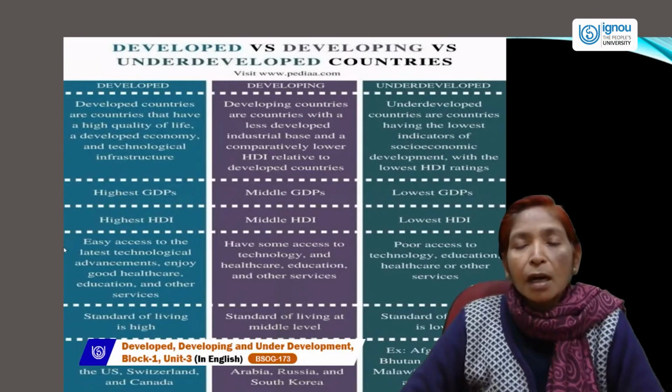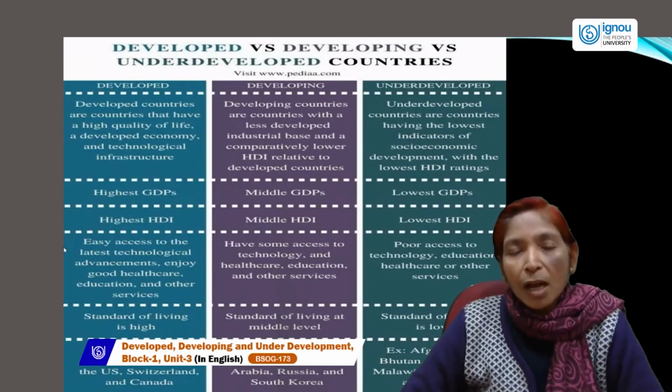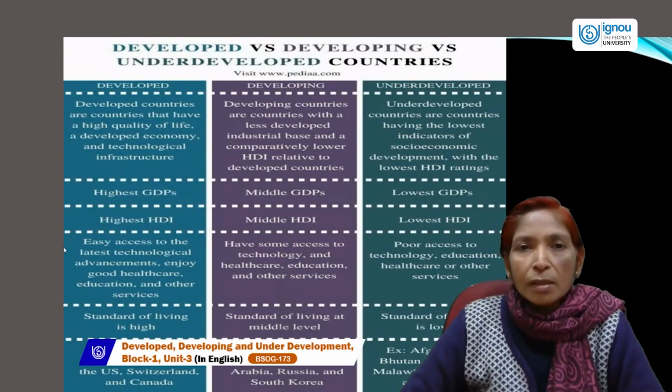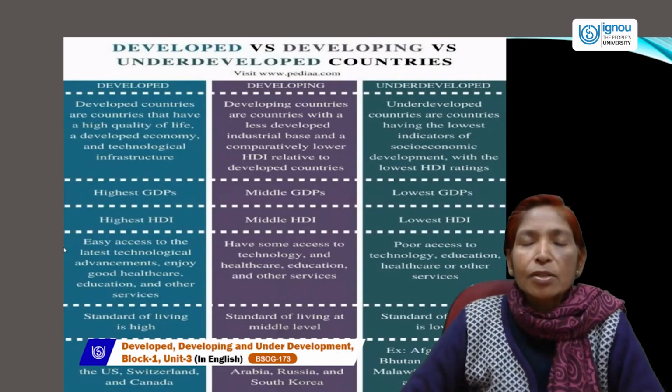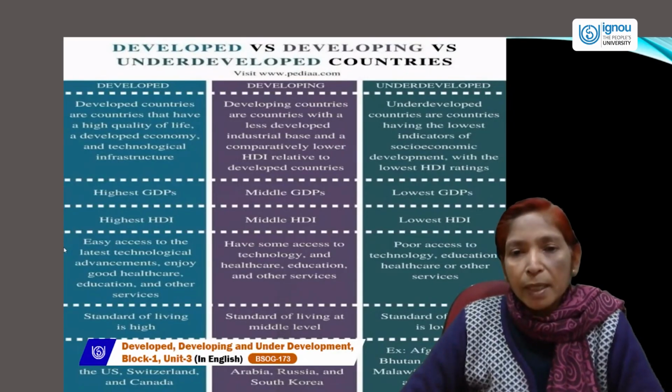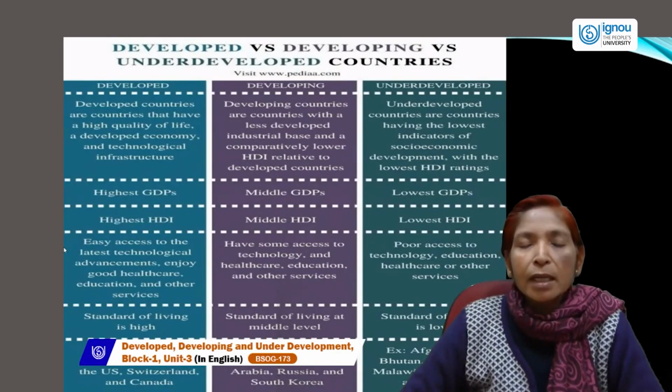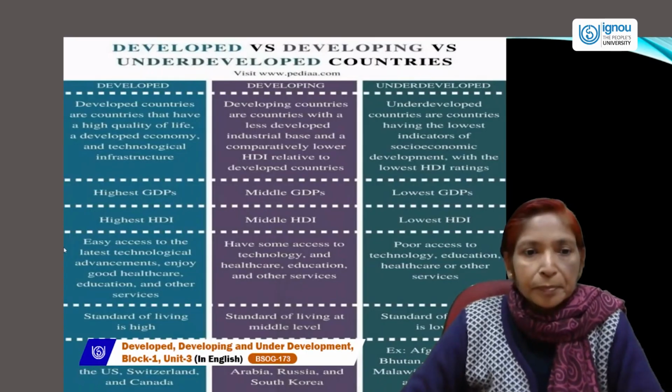It means they have less per capita income, less national income, a lower standard of living, lower educational and medical facilities, and a lower rating in HDI.